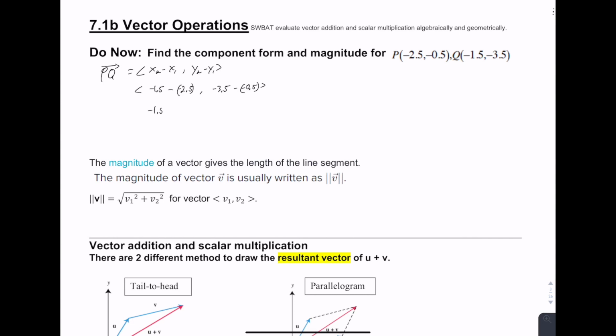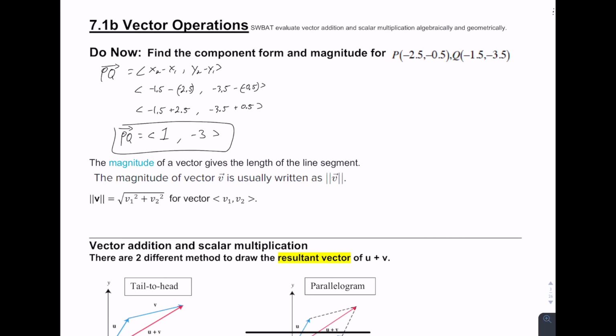So this would be negative 1.5 plus 2.5, comma, negative 3.5 plus 0.5. So now we add it all up. So negative 1.5 plus 2.5, that is just 1, comma, negative 3.5 plus 0.5 gives us negative 3. So there is the component form.